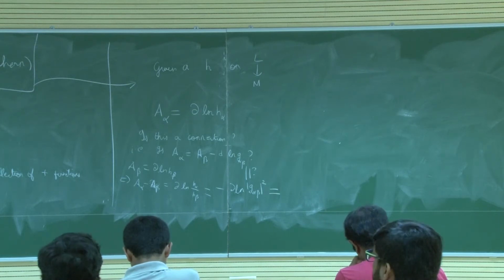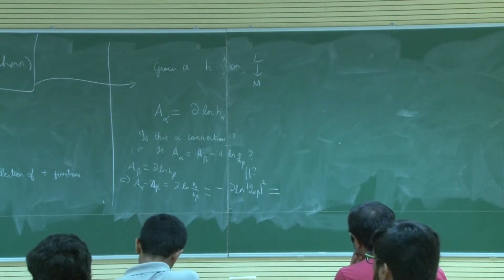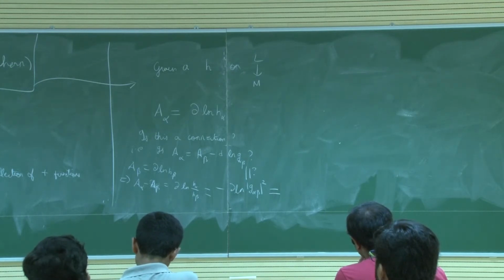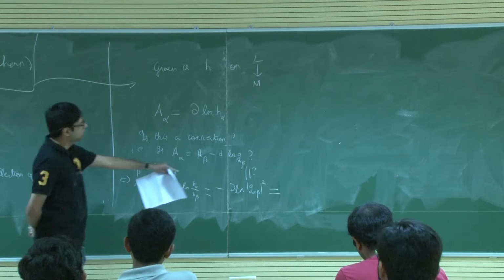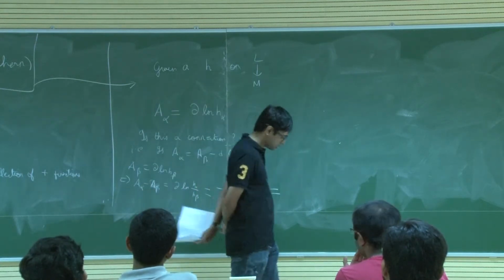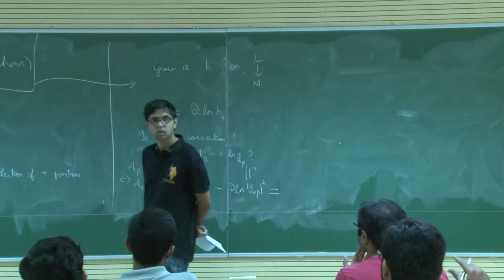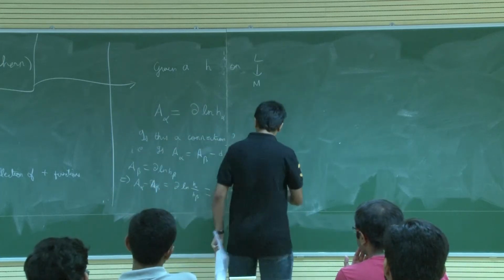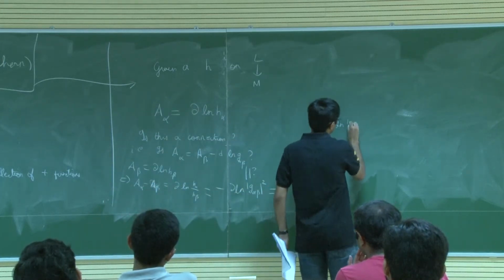Firstly, you seem to have a square there. Where is the square going away? You just seem to have one thing here. Excellent. So firstly, what's this?